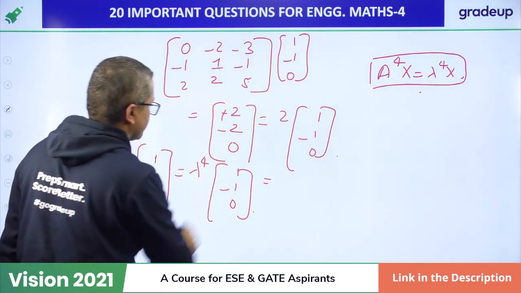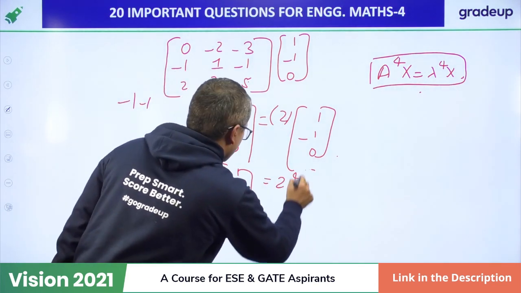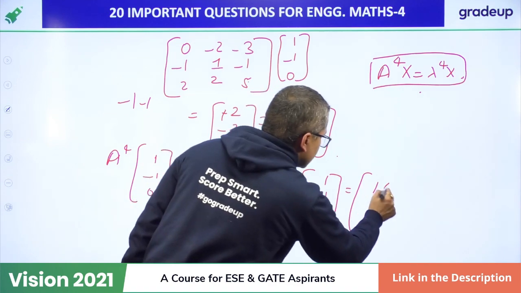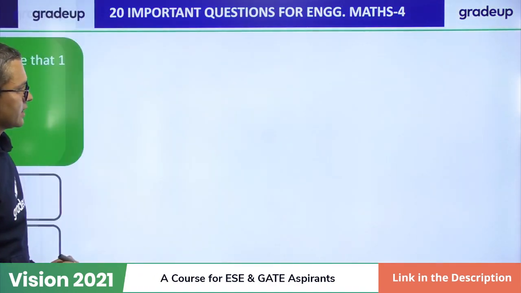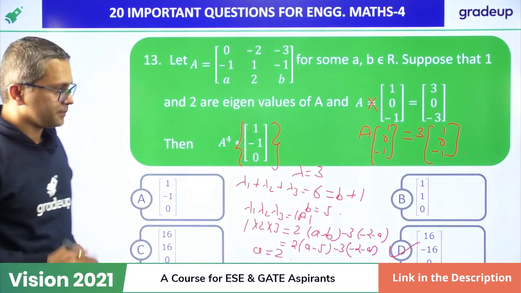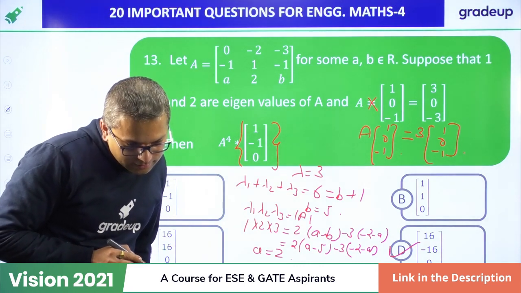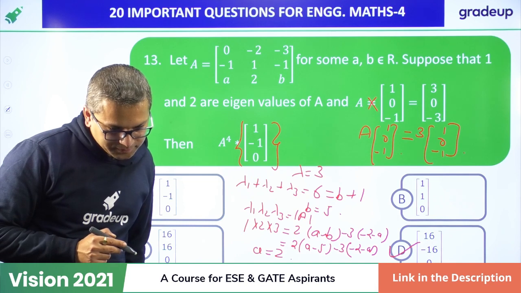Lambda is 2 here, right? The eigenvalue is 2 here. So 2 to the power 4 into 1, minus 1, 0. So it should be 16, minus 16 and 0. So option D is correct. It's a very tricky question, all right? D is correct for it.